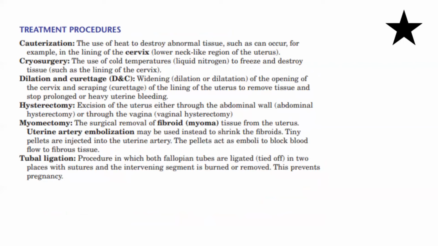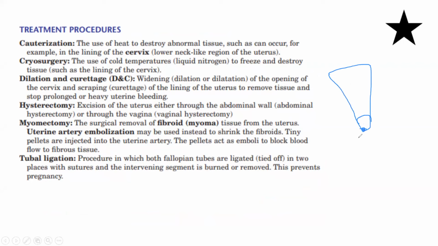Now, treatment procedures, cauterization. Cauterization is a common word. Let us say, see again, this is our part of the uterus and this is the cervix. So if we take a part to test, a biopsy, or we are doing some surgery, there will be, for example, bleeding here.